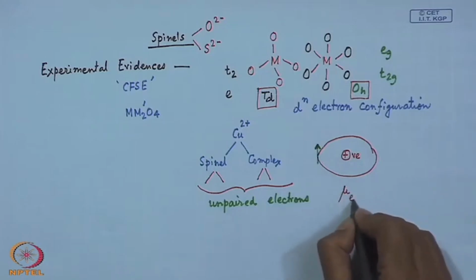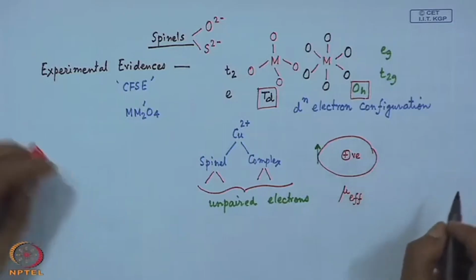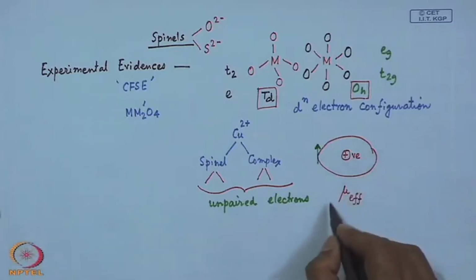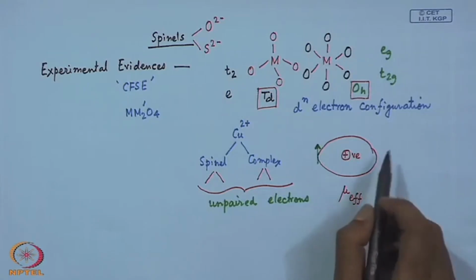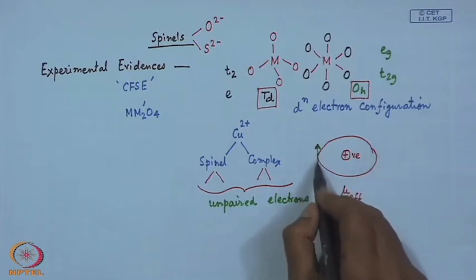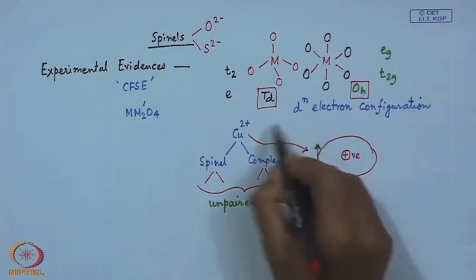So depending upon the number of unpaired electrons present in all these systems, we should be able to calculate out theoretically, as well as experimentally determine, the corresponding effective magnetic moment of the system. When we are talking about a system where the individual unpaired electrons, if it is copper 2 plus, we know that it is a 3d9 system.